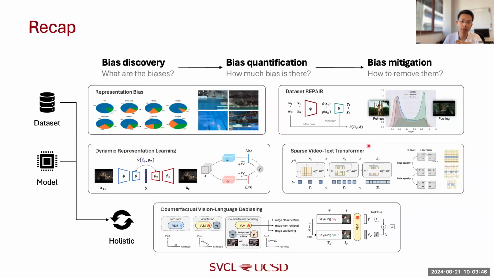I also touched on the architecture design side of things and showed that sometimes bias can be mitigated by a better architecture and training curriculum. And finally, I turned to this holistic debiasing paradigm, where we showed that we can use models to debias the datasets and then use the debiased datasets to calibrate for model biases.